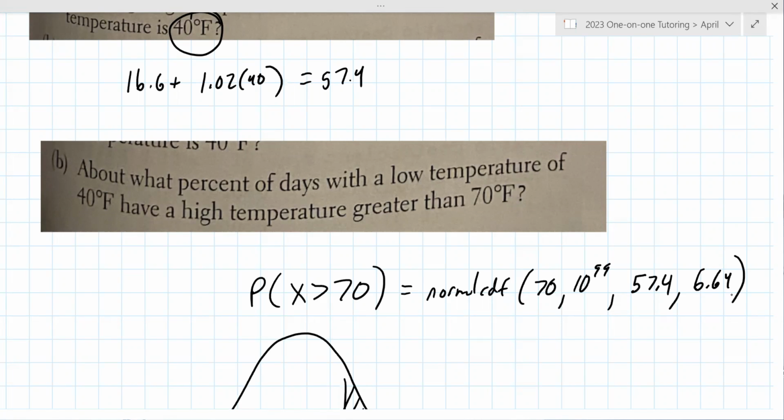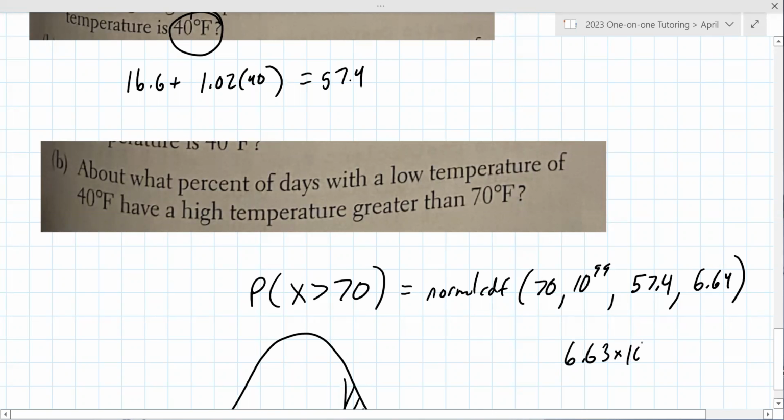Got an interesting high number. I don't know if I plugged it in right, but I got 6.23 times 10 to the minus 78.